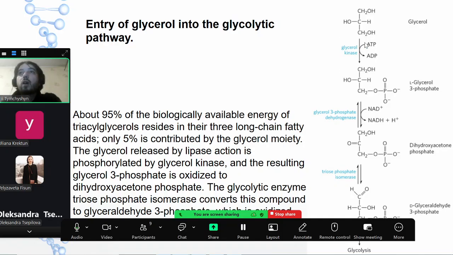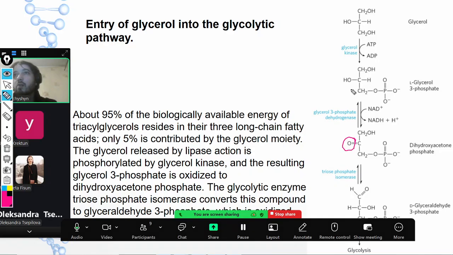The glycerol kinase uses a bit of energy, but transforms it into L-glycerol 3-phosphate. Then we have glycerol 3-phosphate dehydrogenase. It dehydrogenates, as you might guess: here you see this double bond O, and here you see OH. It has removed the hydrogen atom, and here you have this double bond.